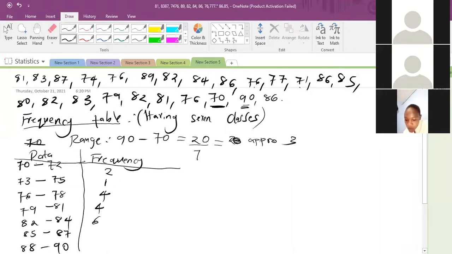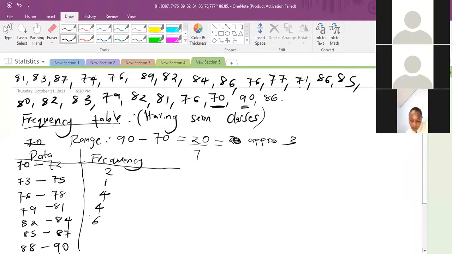So this is 1, 2, 3, and then we have this 4. I hope we've counted all of them.